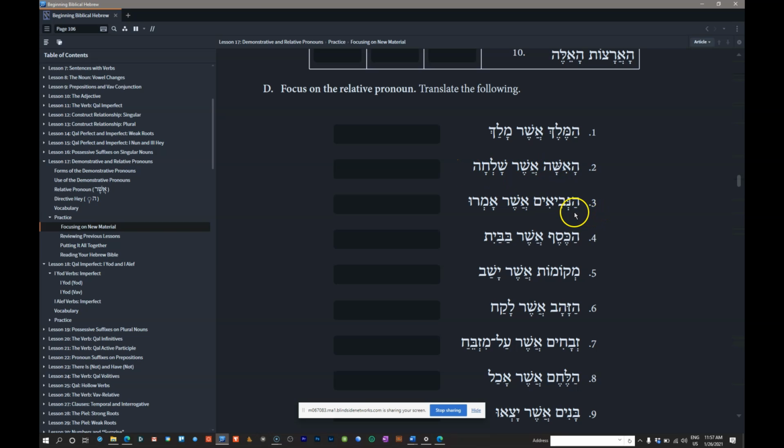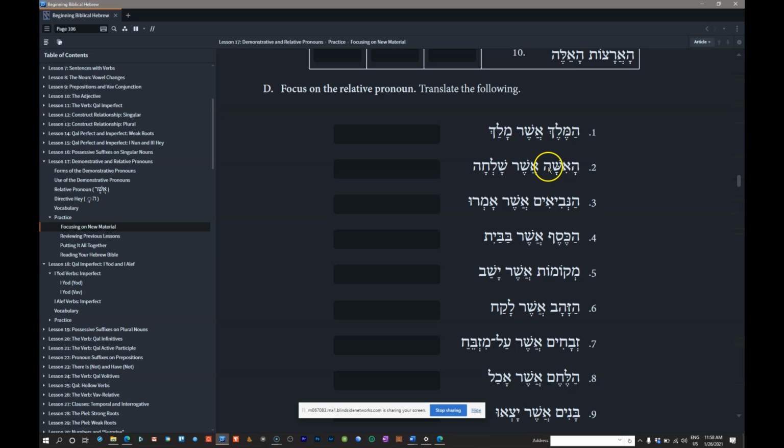Number 3, hanevi'im asher amru. So here we've got the prophets who spoke. All right. And since you don't speak a prophet, I know that hanevi'im is not the object. That's another good indication here. If Hamelech were the object of malach, or if ha'isha were the object of shalach, the woman whom she sent, this is definite.